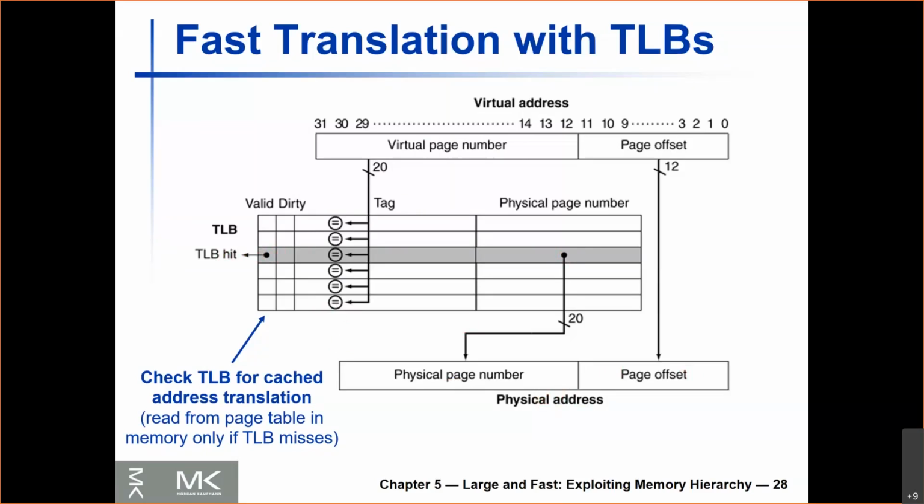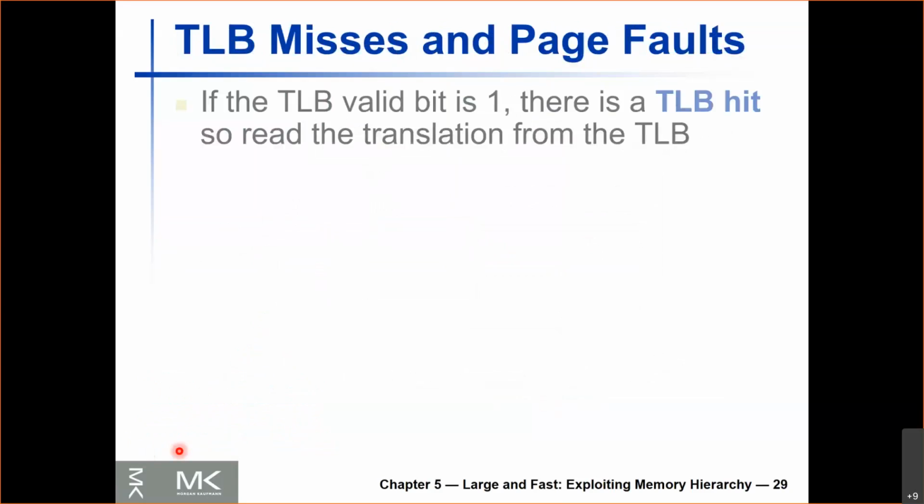What if the page table entry is not in the TLB? Then we have a TLB miss, and we're going to read from the page table in memory. To summarize, if the TLB valid bit is set to 1, that means we have a TLB hit, so we read the translation from the TLB.